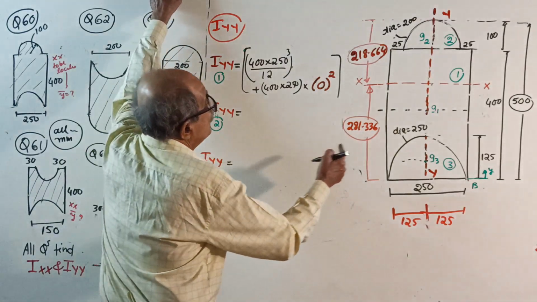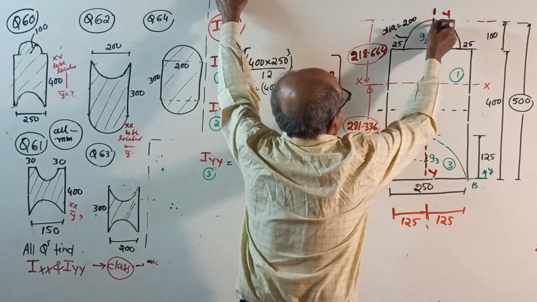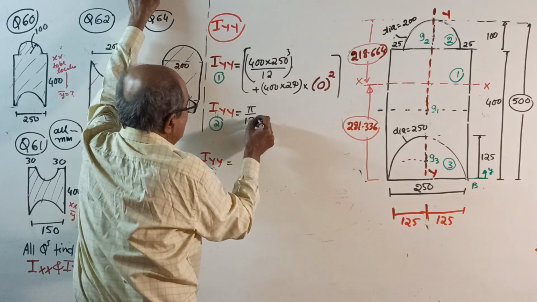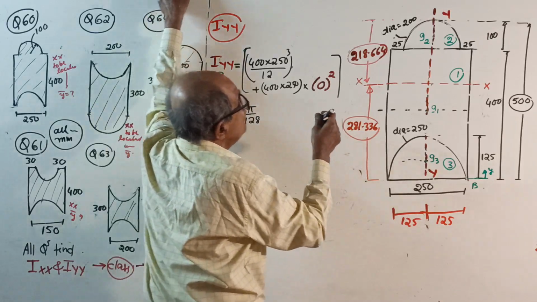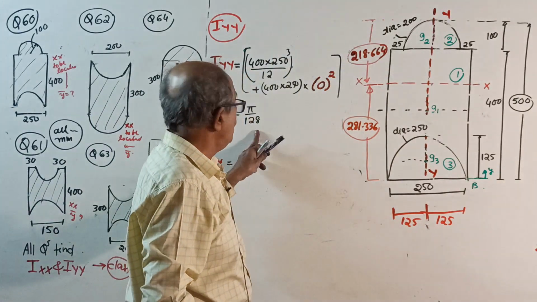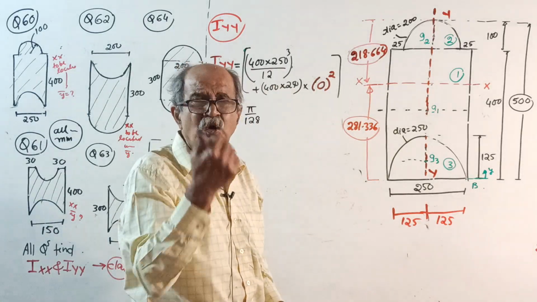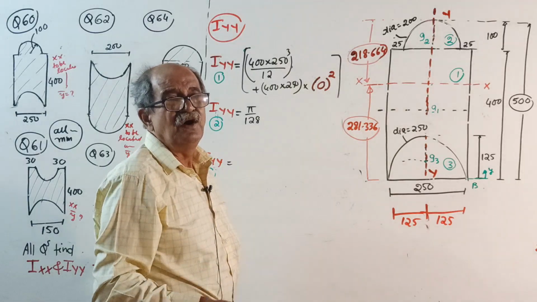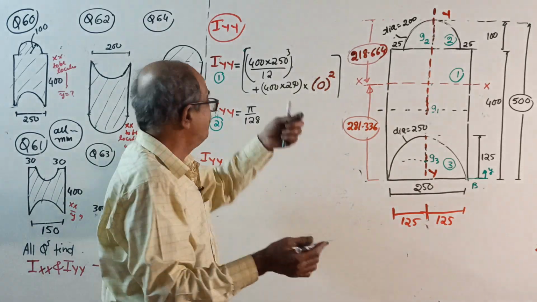Now start. For 2, I about its own axis here is pi by 128. And again, if someone asks, sir, last time you told 0.00686, this time you are telling pi by 128, I will tell, leave, don't continue. I am not fit to teach you. I will tell, you are very highly intelligent, therefore leave.